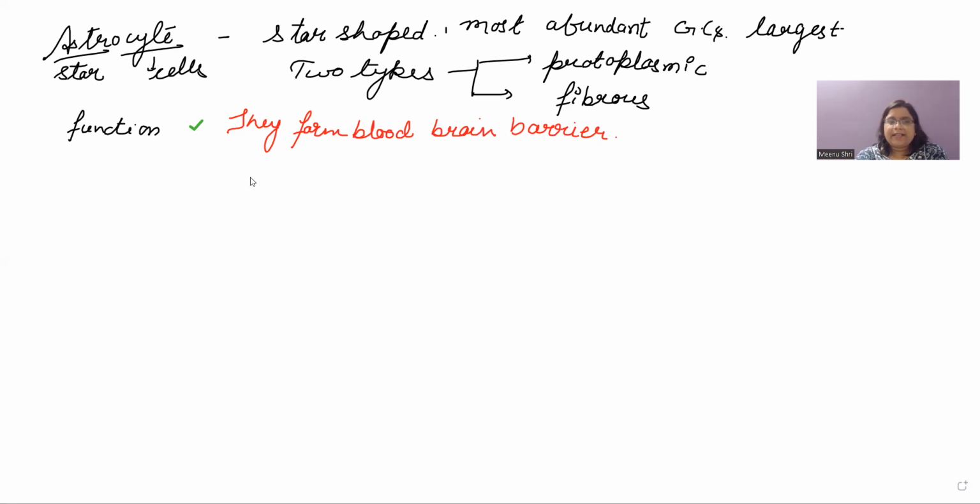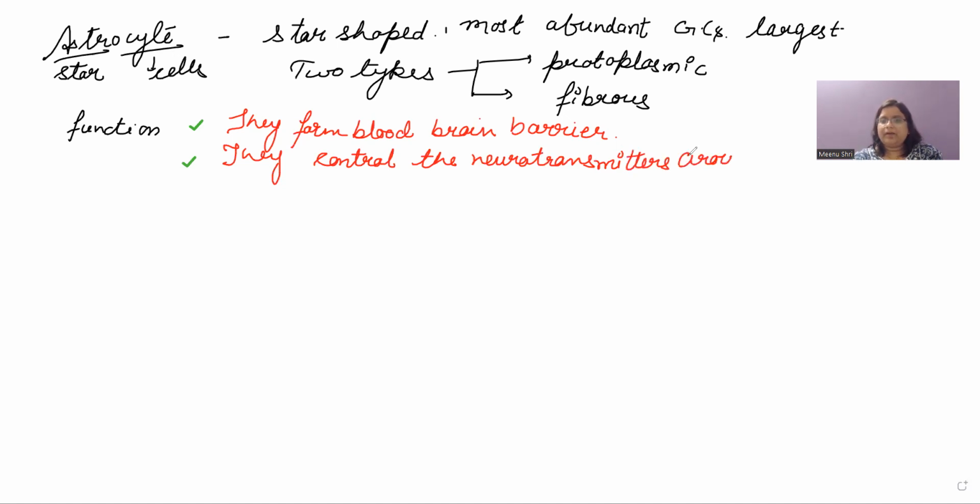The second function is that they control the neurotransmitters around the synapse. The next function is that they regulate potassium ion concentration.